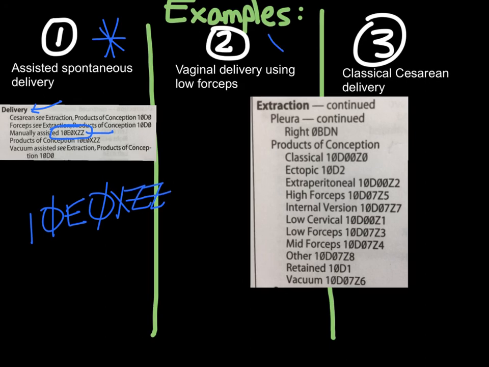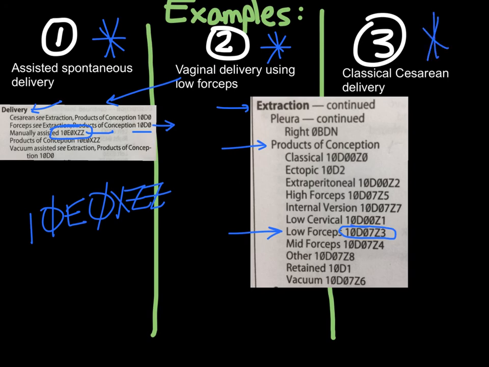Second example, vaginal delivery using low forceps. So remember, we start with our main term over here of delivery, and when we use forceps, it tells us to see extraction or this table 10D0. So extraction, products of conception, low forceps, 10D07Z3.